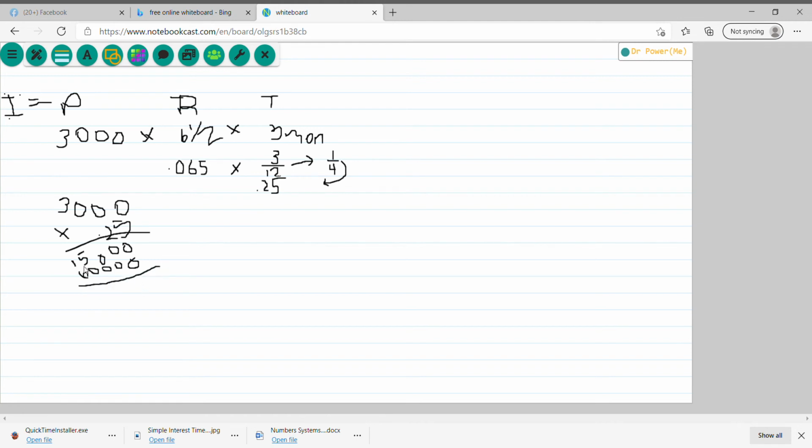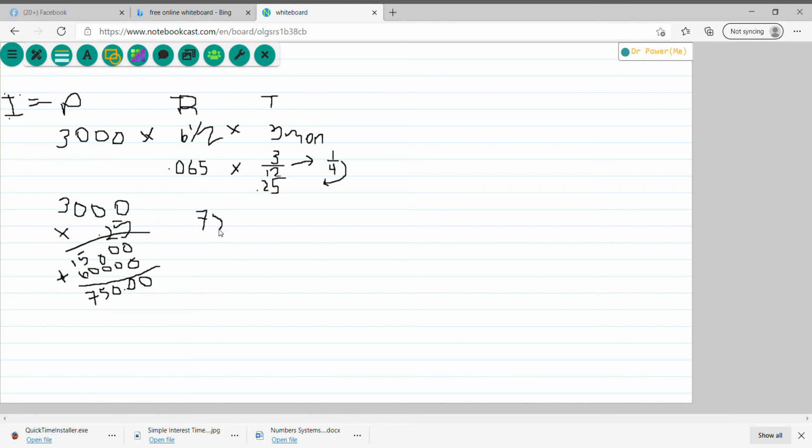All right, so now we're going to add these together, remember? 0, 0, 0, 5, and 7. And then I'm going to go 2 places, and that's 750. But I'm not done because I've only multiplied the 0.25 times the 3,000.